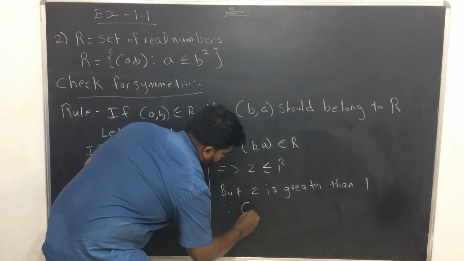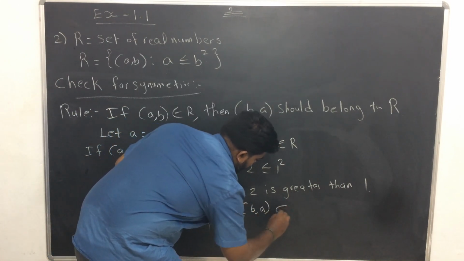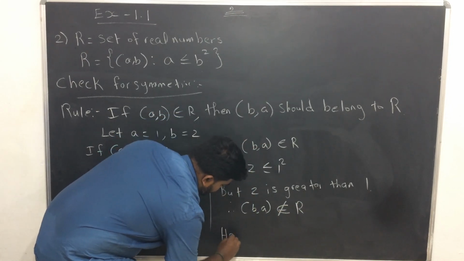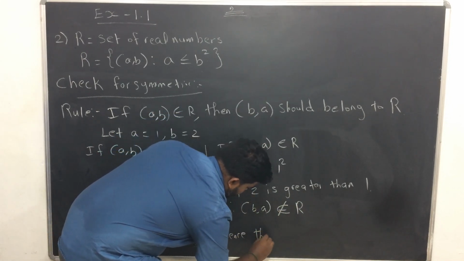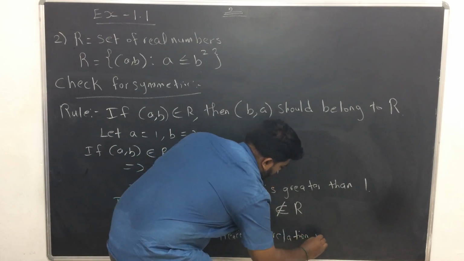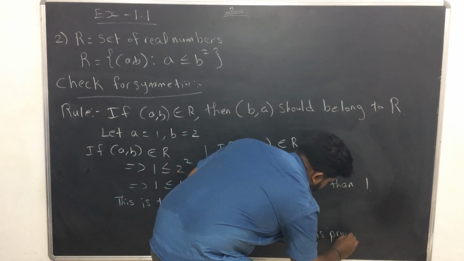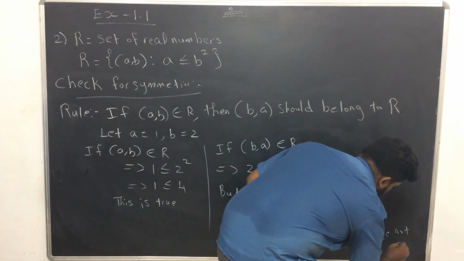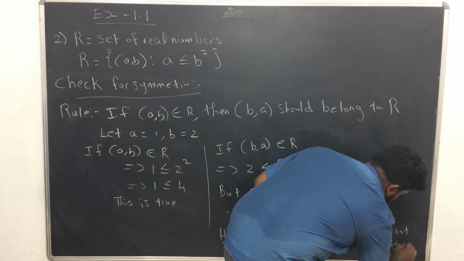Therefore, (b, a) does not belong to the relation. Hence, the relation is proved to be not symmetric.